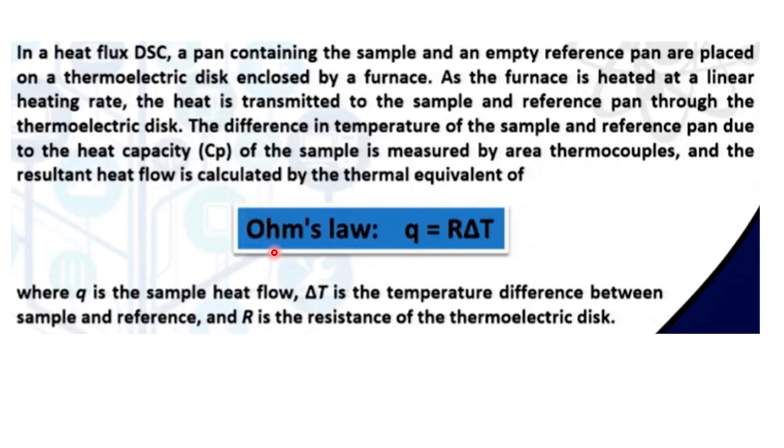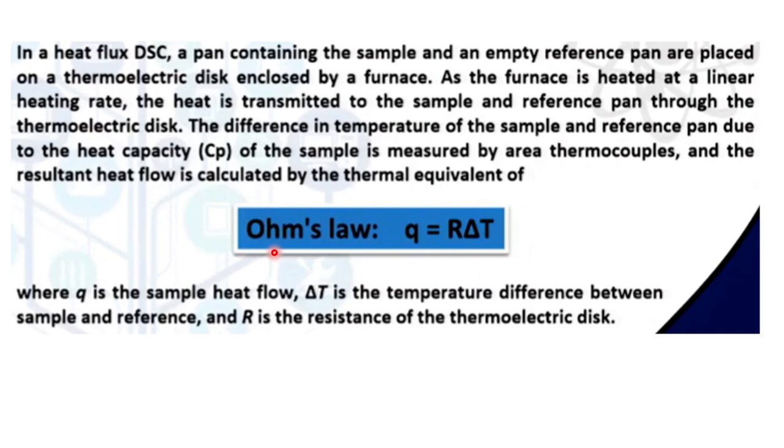There is a single heat sink, that is the furnace. From that heat sink, heat is provided to both the sample and the empty reference pan. Now as the furnace is heated at a linear heating rate, for example 10 degrees centigrade per minute, the heat is transmitted to both the sample and reference through the thermoelectric disk.